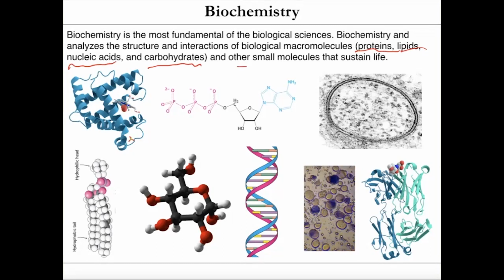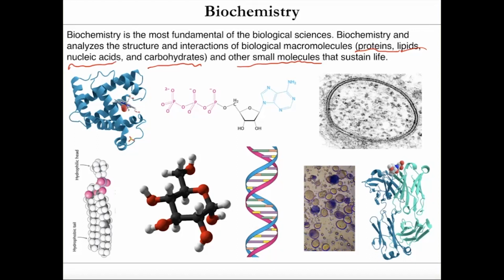And then there's other small molecules and ions that are also involved in sustaining life. So biochemistry looks at the structure and the interactions of these biological molecules specifically. And that gives you a lot of really good information on how the cell works, how the organism works, how the ecosystem works, and so on and so forth.